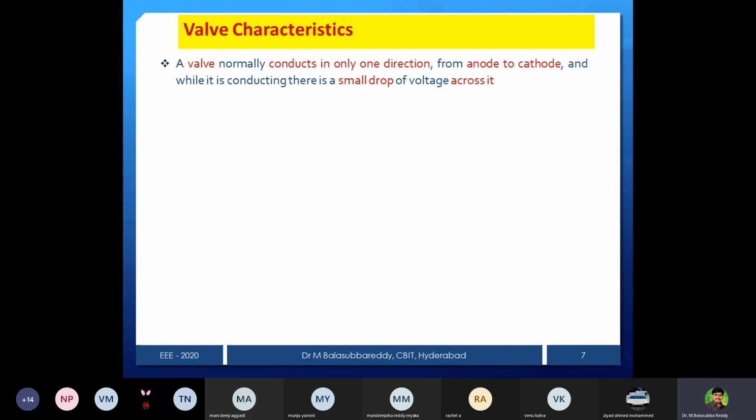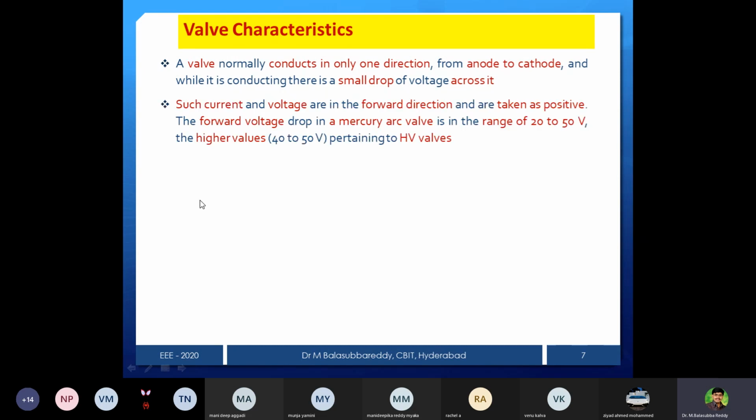In normal cases, as we discussed in power electronics, it is very low. But if you go to HVDC transmission, the voltage drops increase a little bit because very high rating devices are used. That is the reason we can say that the conduction voltage drop across the device is going to be high in HVDC transmission.